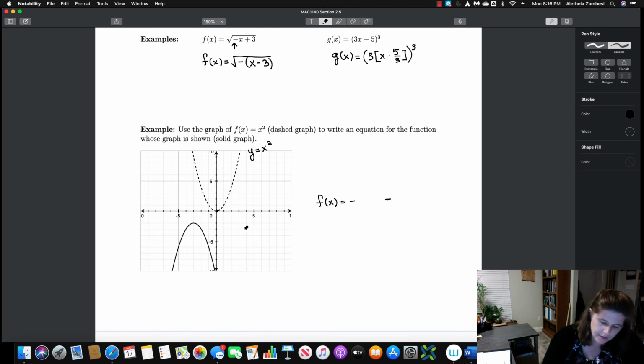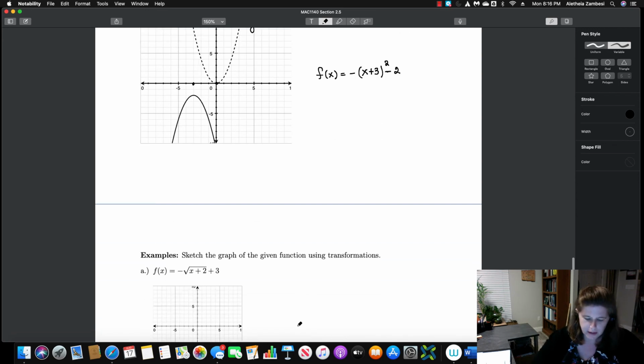So I have a minus 2 out here at the end. Also need to shift. So we're shifting in the negative direction, which means we're going to have a plus. And the number of units we've shifted is 3. So if I'm graphing that, flipping it over, 3 units in the positive direction, 2 units down. So this is our negative x plus 3 squared minus 2.